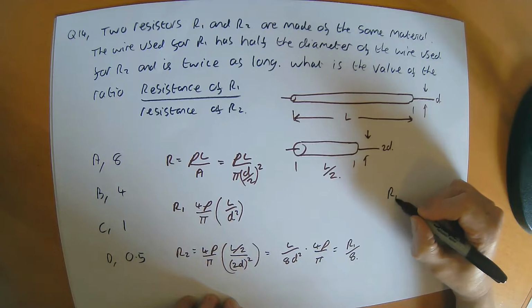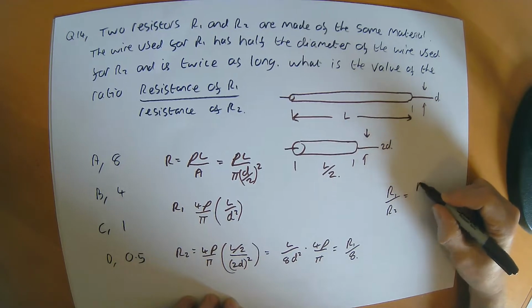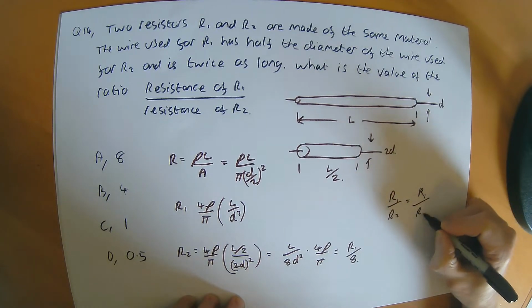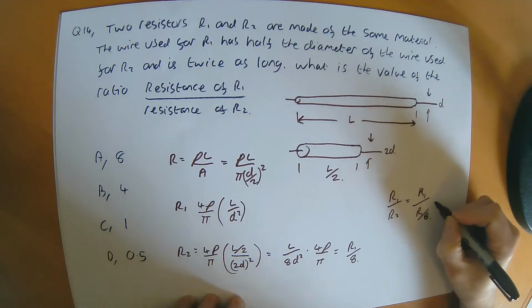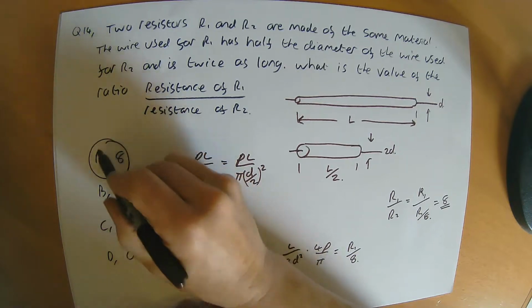So R1 over R2 is equal to R1 divided by R1 over 8, and that's just equal to 8. So the answer is A.